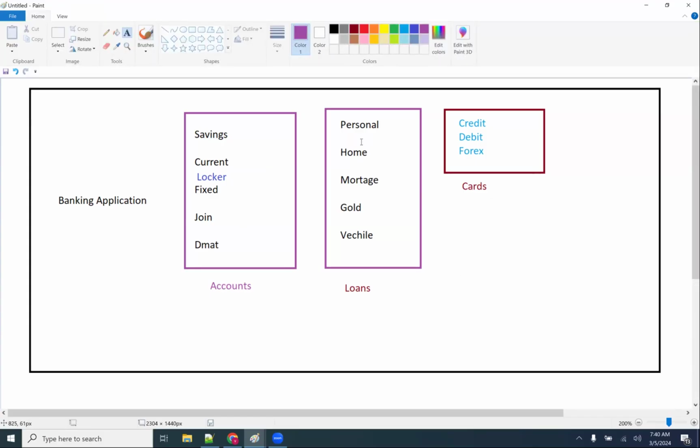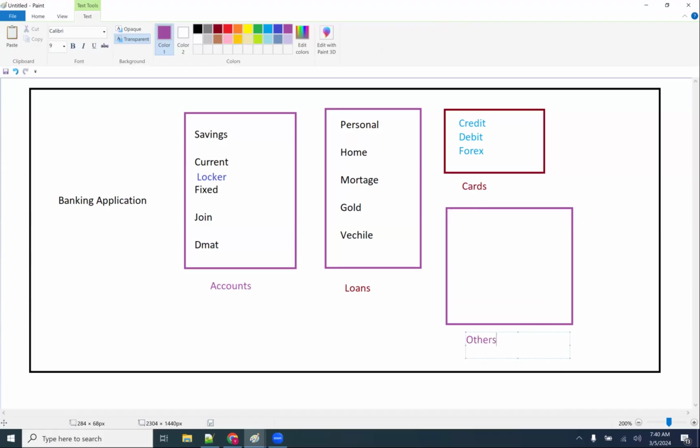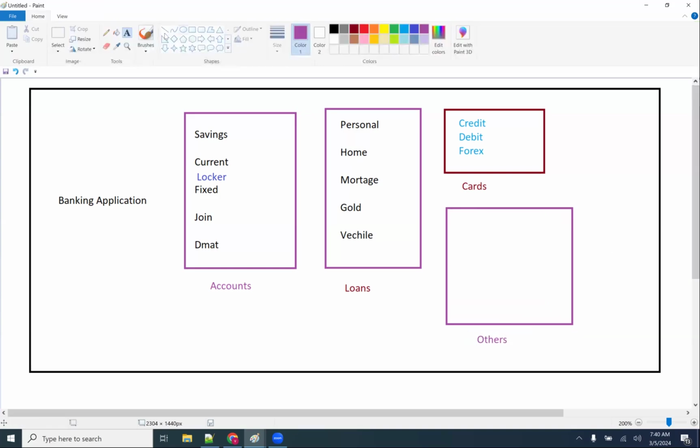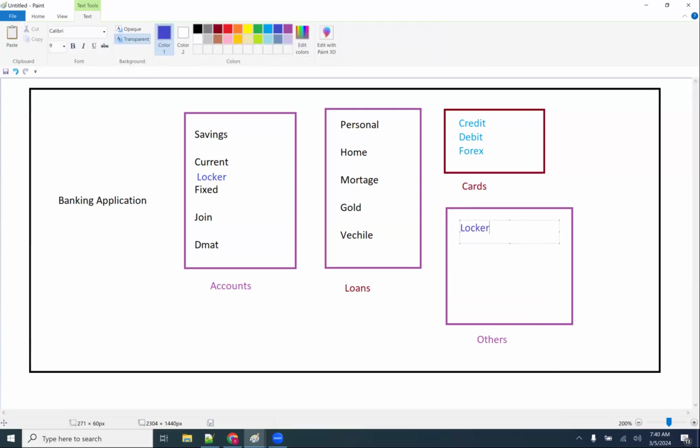I can add some general category. This is miscellaneous others, common capabilities I cannot categorize, where I can have locker service. That locker account is typically locker service.